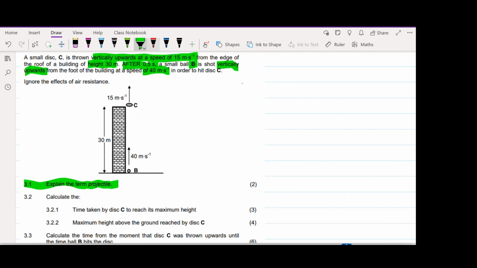If disk C is shot from this point, it is going to go up, then fall down. For us to be able to calculate the maximum height, we know that at its maximum height, it has to stop. That means from that information only, we can calculate the time.